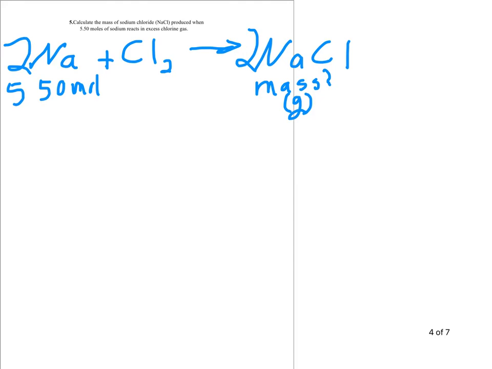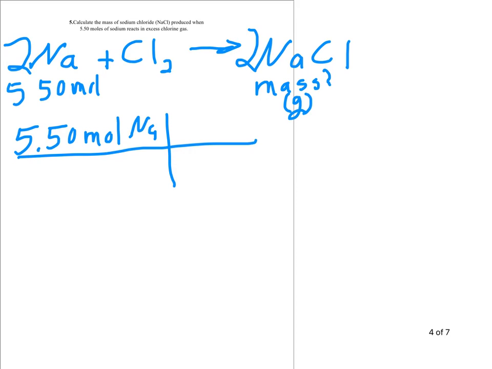But we're still going to start with the 5.50 moles of sodium. I'm going to use a mole ratio to change it into moles of sodium chloride. So we've got 2 moles sodium chloride for every 2 moles of sodium. Moles of sodium cancel moles of sodium, 2 cancels 2.